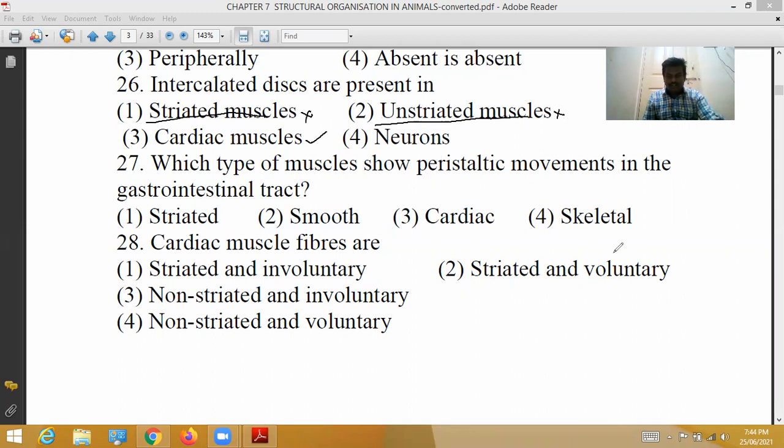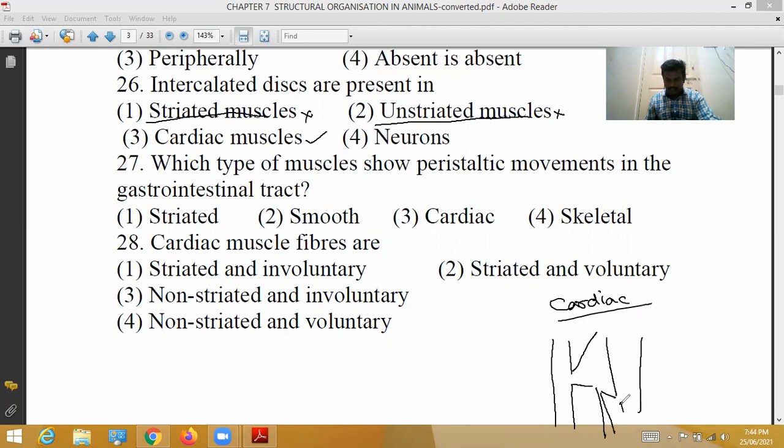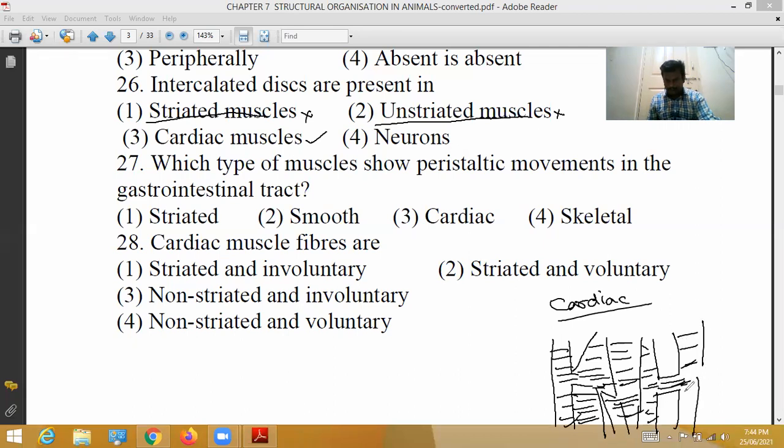Generally, cardiac muscles like this way will be there, like this, with striations. See, it is connected with this, like this.